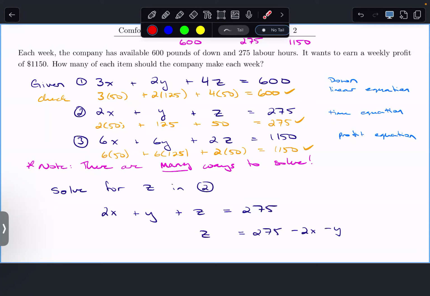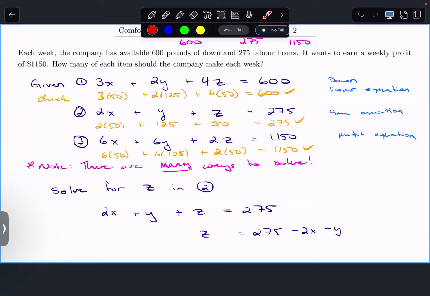But the reason I was choosing between y and z: in theory, you could have solved for x in the first equation, but what would you have? You'd have 600 minus 2y minus 4z divided by 3. There's no cancellation there. So then you're having to lug that fraction around in all your substitutions, and what a mess. But it would work. You would get there in the end.